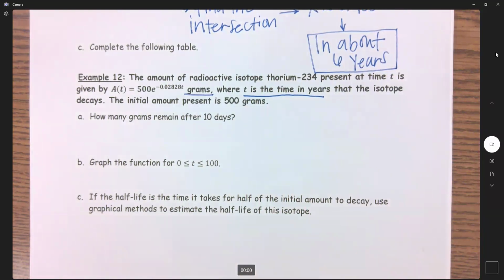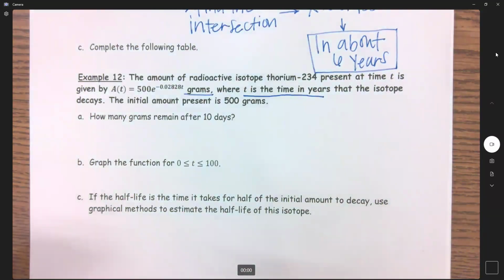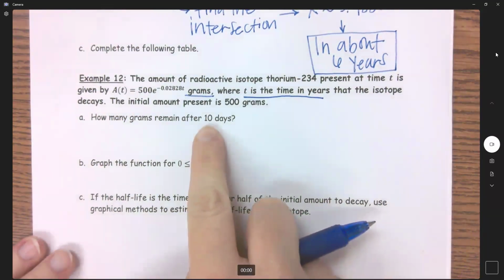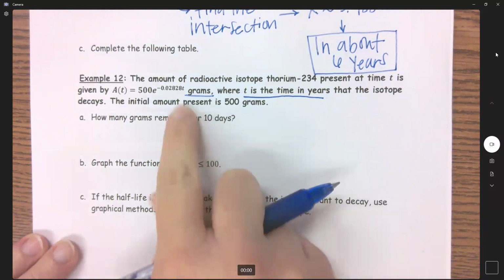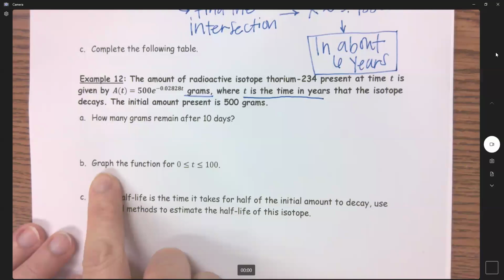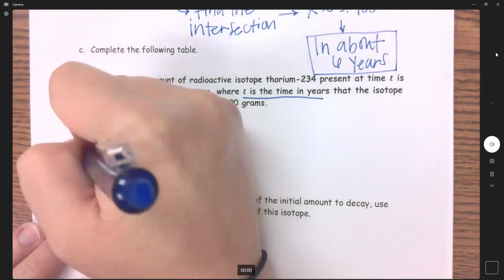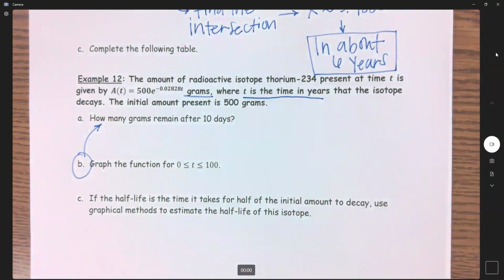The initial amount present is 500 grams. So how many grams remain after 10 days? Now, we could plug this 10 in for this t and get our answer. But because on part B, it wants us to graph it, let's actually just graph it first. And then we can use that here.